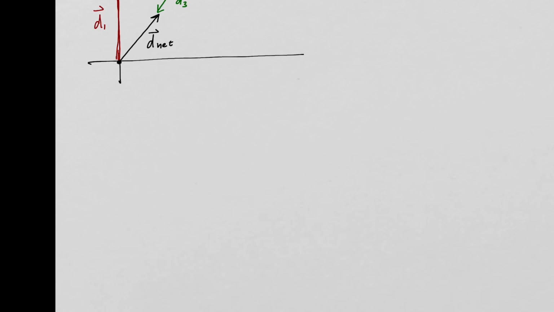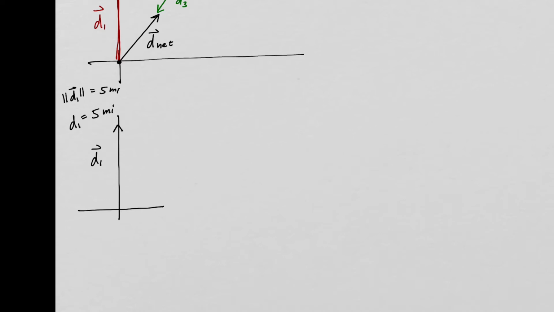So if I start with D1, first of all, we know that the magnitude of D1, which I'll just write as D1, is 5 miles. Remember, I also could have written it like this, with those double vertical lines. So that means the magnitude of that vector, that's 5 miles. But it's easier just to write D1 by itself.